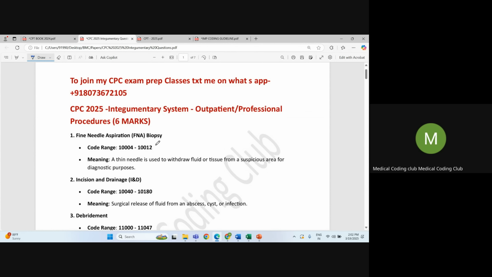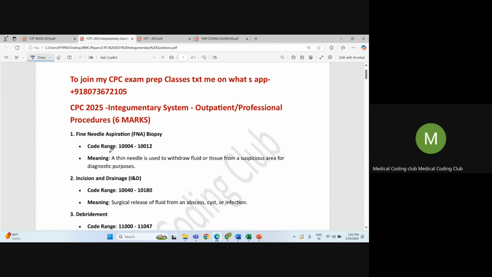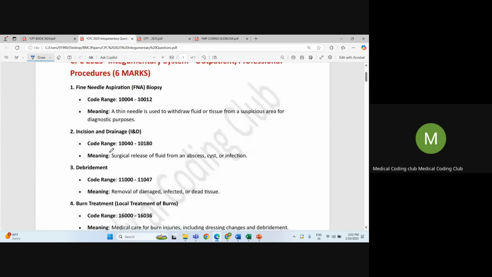Professional services means we will get procedures from prophy coding or outpatient coding, so not too many complicated procedures are done in OP or prophy coding. So by taking all those insights, what are the topics that you must and should know?